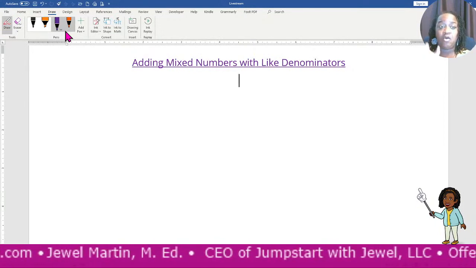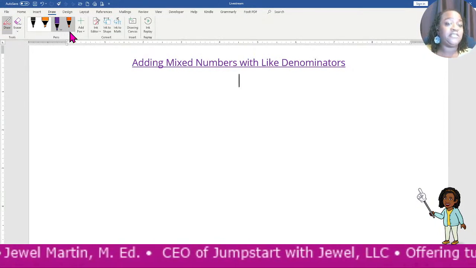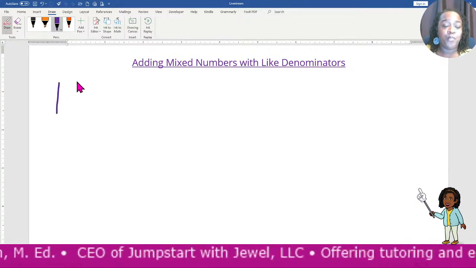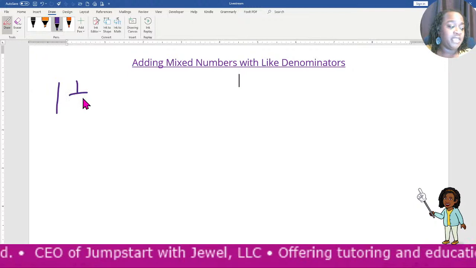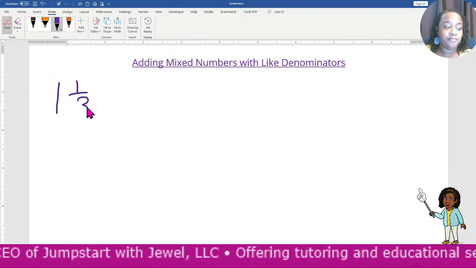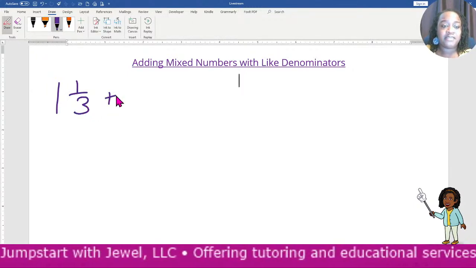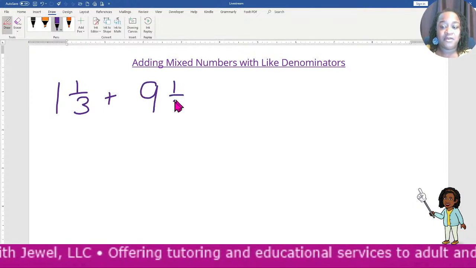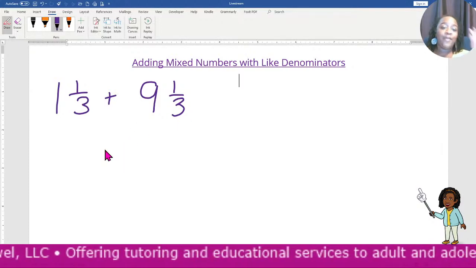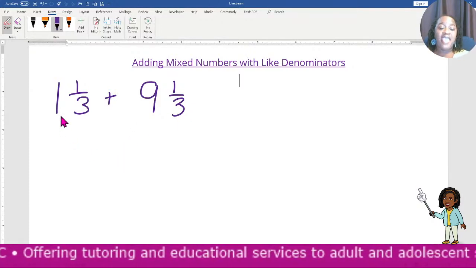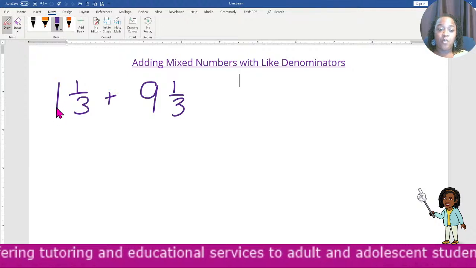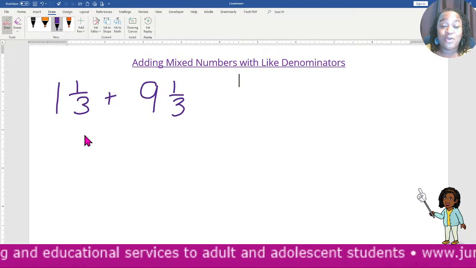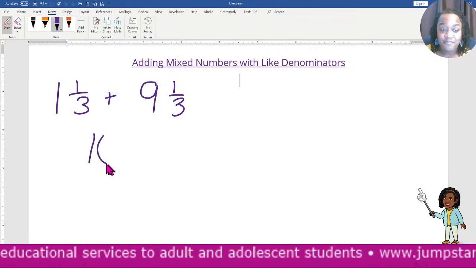So for instance, if I had 1 and 1/3 plus 9 and 1/3, all I would have to do is add the whole numbers together. I've got a 1 and a 9. So of course 1 plus 9 is 10.